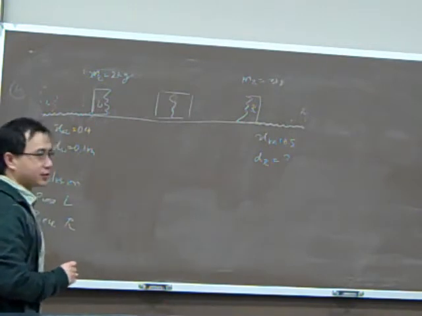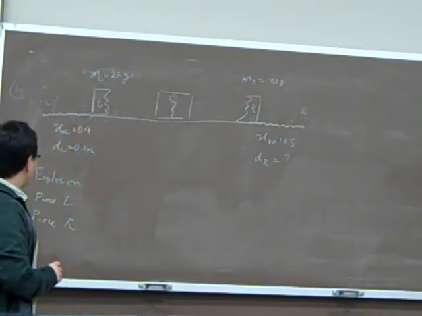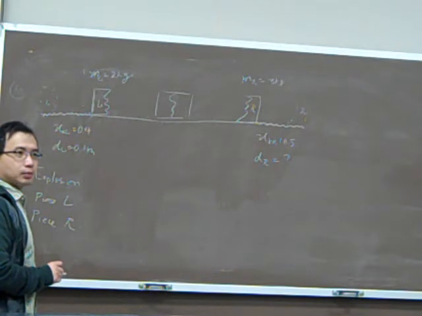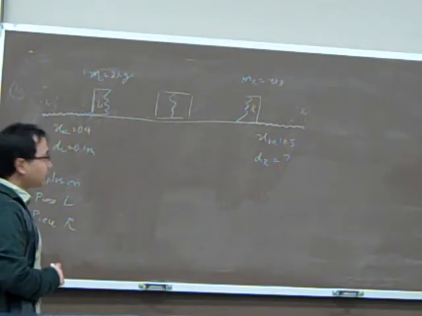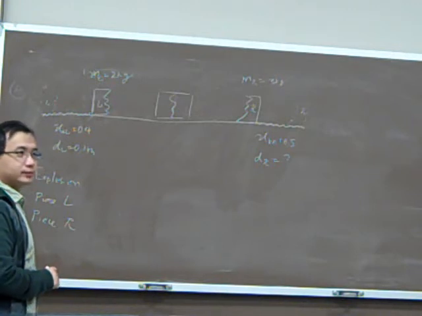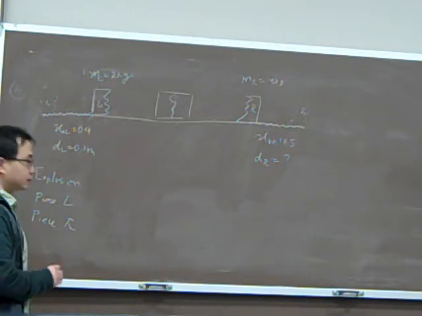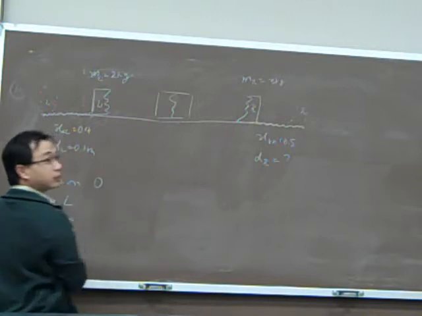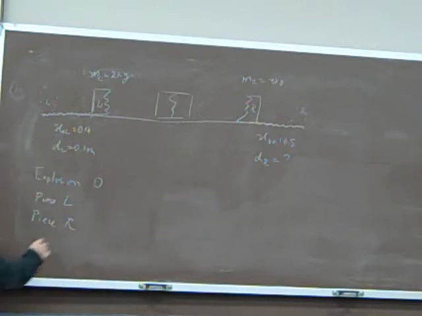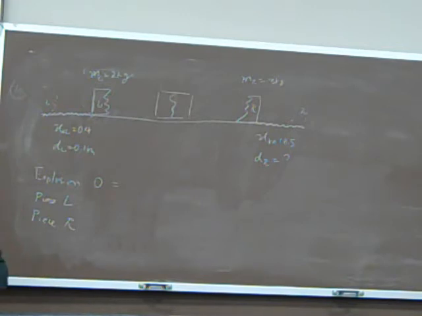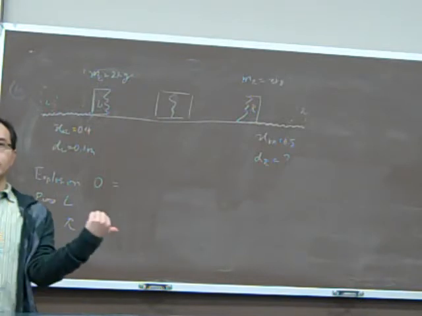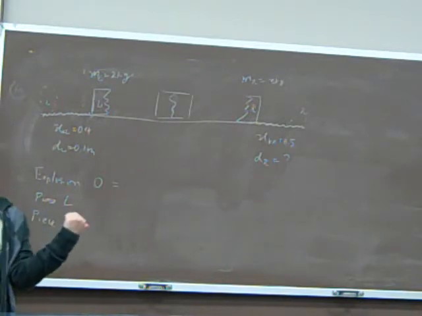So the explosion process. First, let's look at momentum conservation. What is the initial momentum? 0, right? Initially you have a block staying there, so the momentum is 0. And then, bang, after the explosion, both of them acquire some velocity.